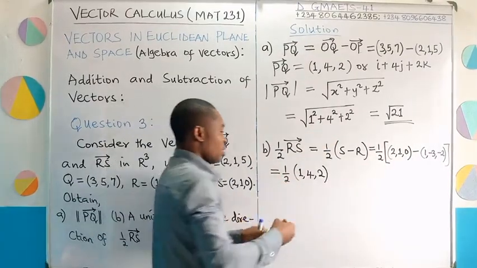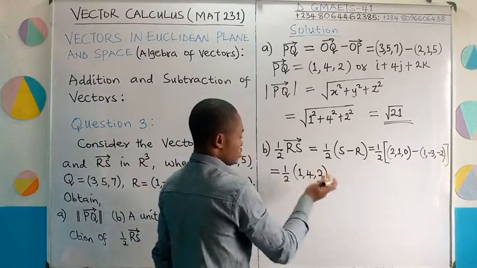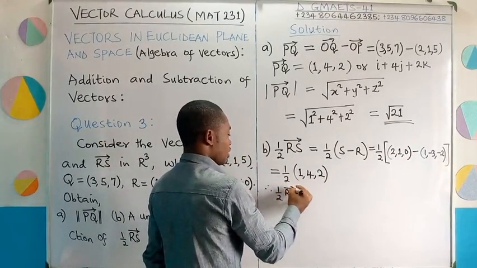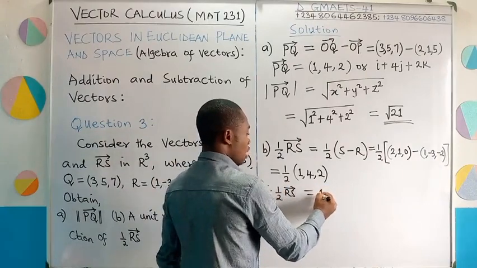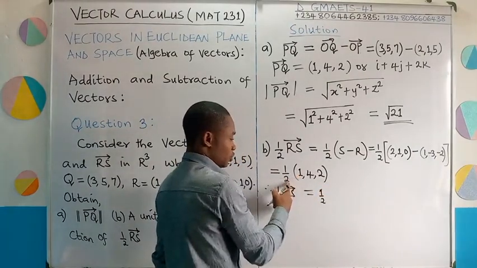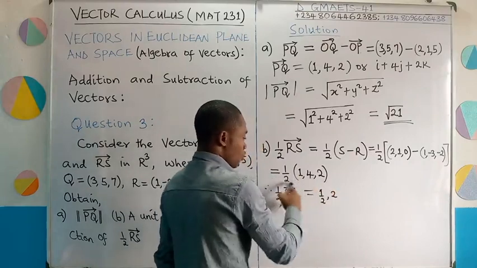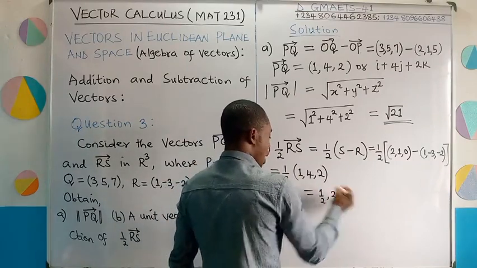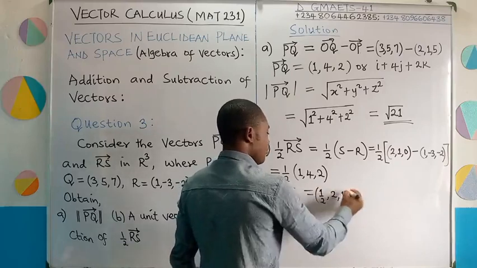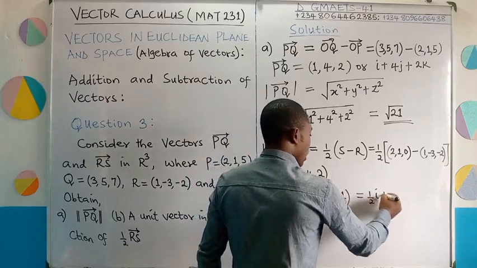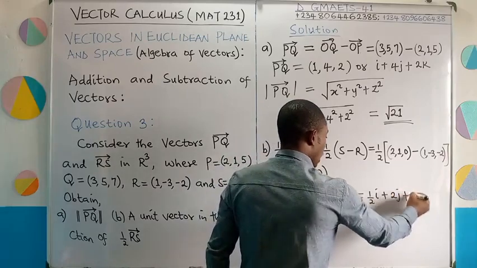So simply, this is equal to, you can say therefore, vector 1 over 2 RS, that vector is simply equal to 1 over 2. I've divided this one by this 2, then 4 over 2, which of course is 2, and then 2 over 2, which is 1. You know that this vector can still be written as 1 over 2 i plus 2j plus k.